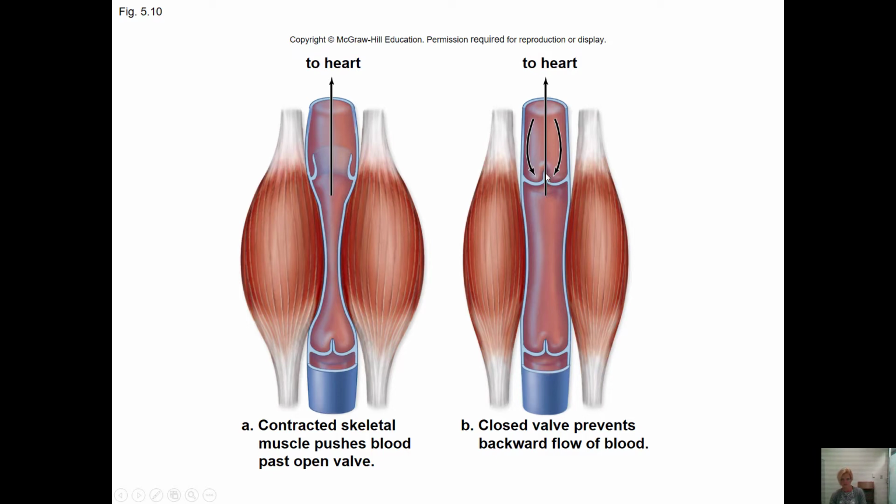As the blood wants to flow back, it closes those valves to keep our blood moving in a forward direction. So that's why exercise is so good for blood flow: it keeps our blood moving through our veins and going toward the heart. And good functioning valves are going to prevent that backflow. So we only see our valves in the veins, not in the arteries, and definitely not in the capillaries.